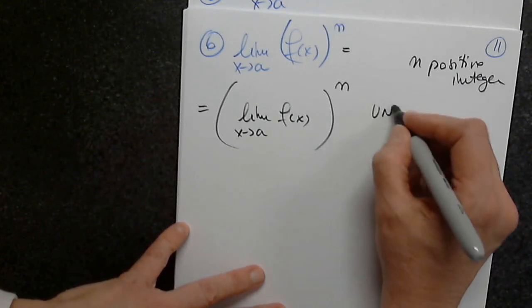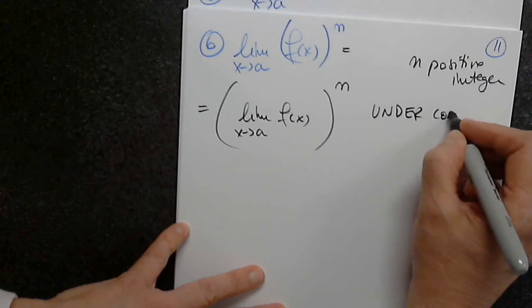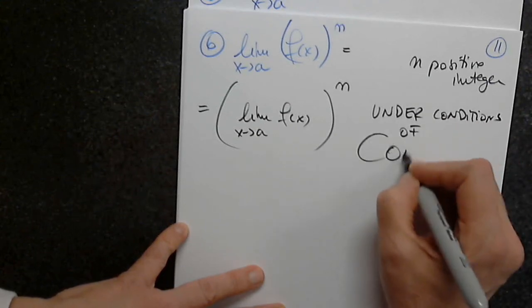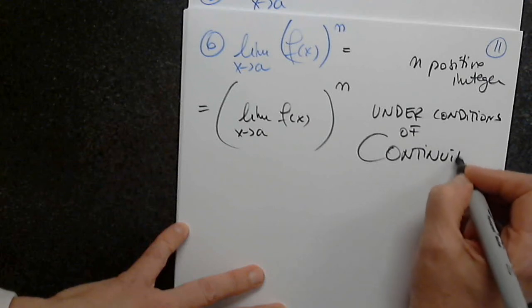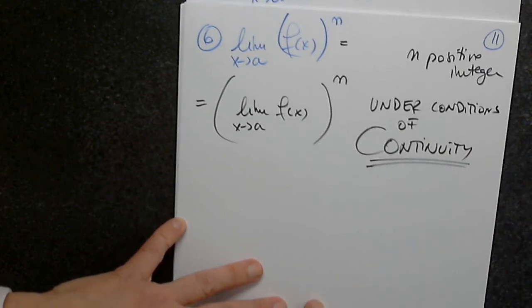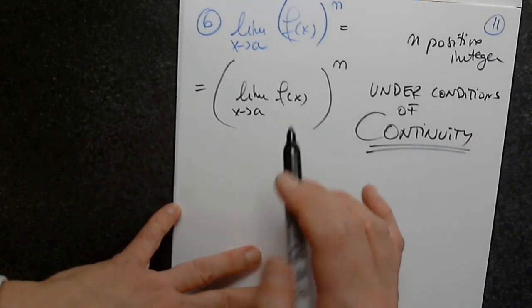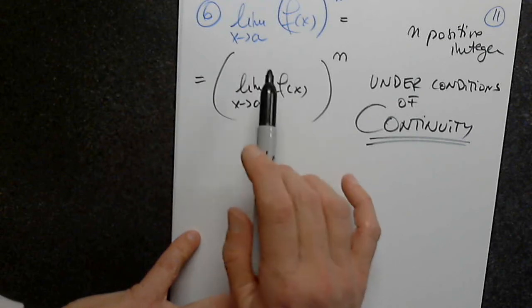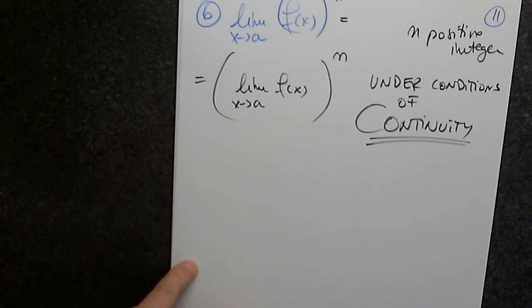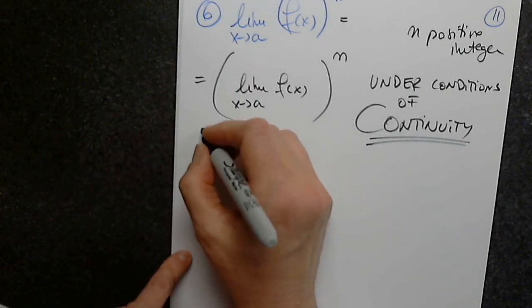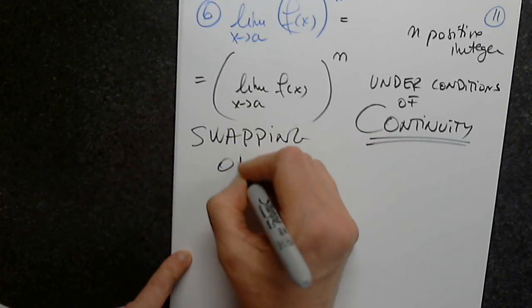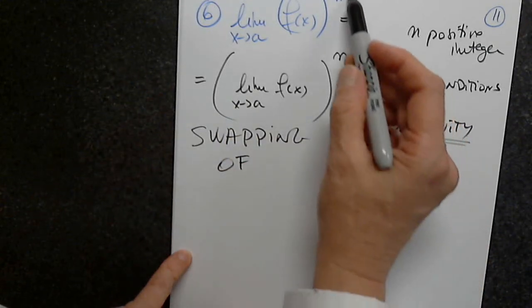So this is under conditions of continuity. No details right now, but if the function is not continuous, the whole thing collapses. Okay, so I cannot do this. The way I like to call this theorem is swapping of, what do you think?